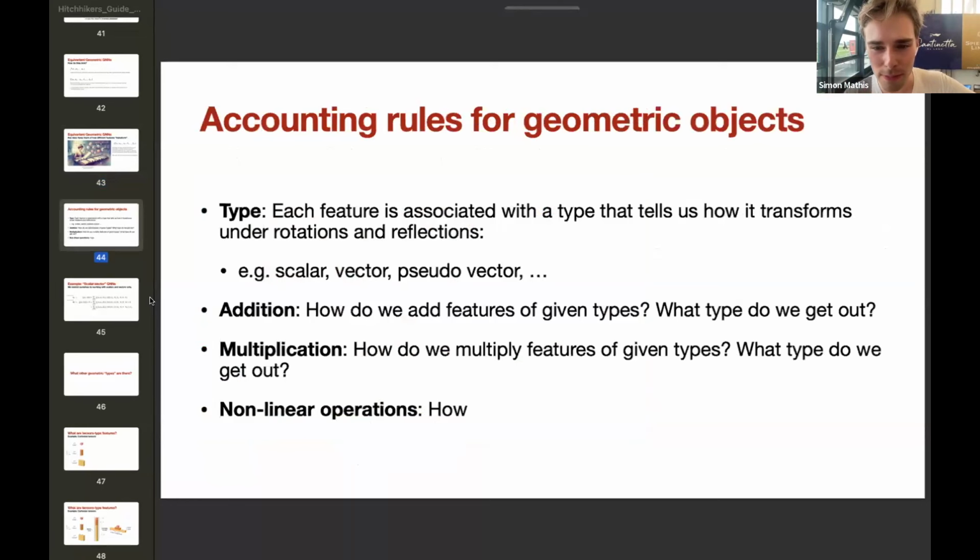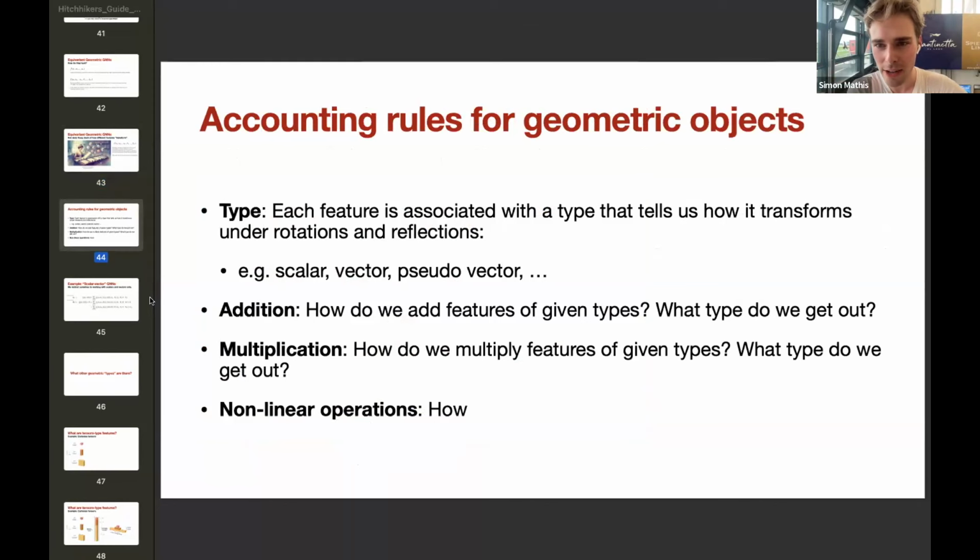I want to briefly pause here because this is really quite a simple idea. You just need to make sure, diligently and cleanly, what type you have at which point in time. That's really the underlying idea of equivariant GNNs.